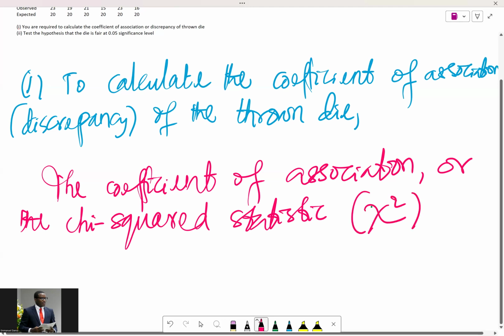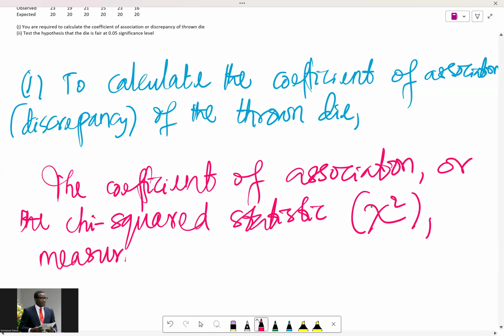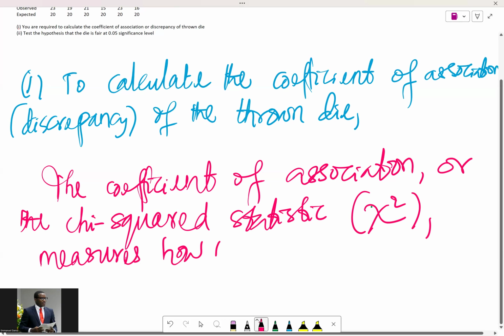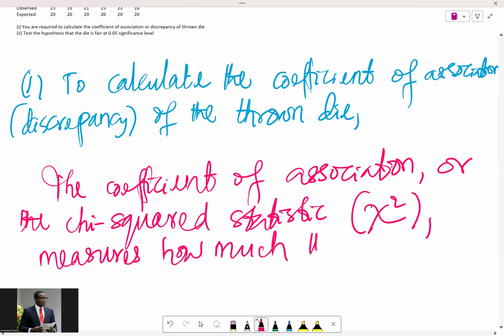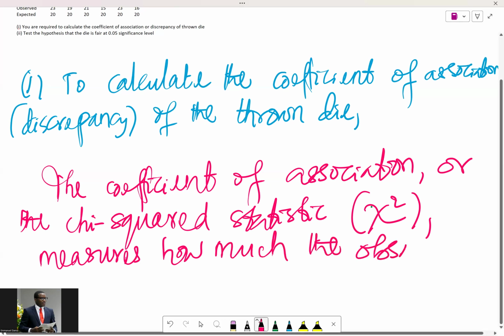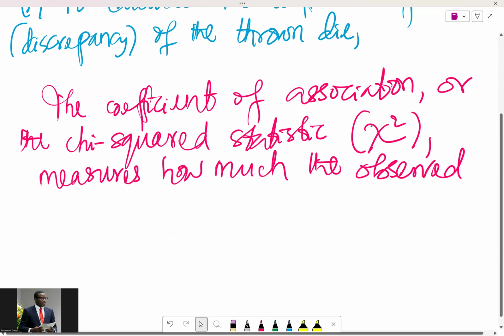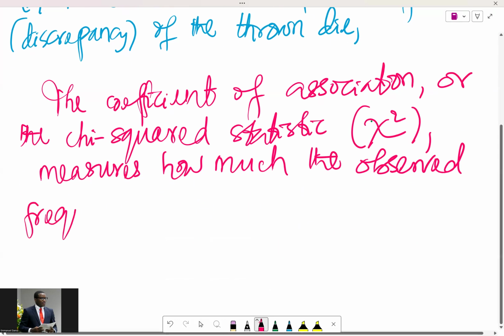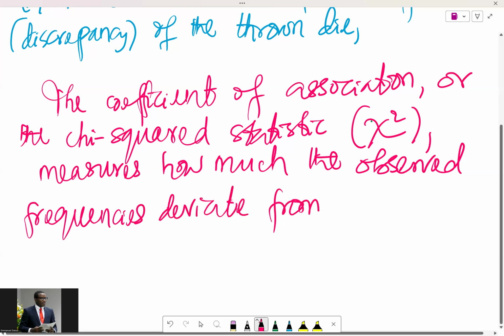That is, chi-squared measures how much the observed frequencies deviate from the expected frequencies.